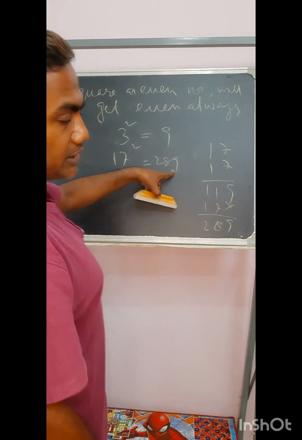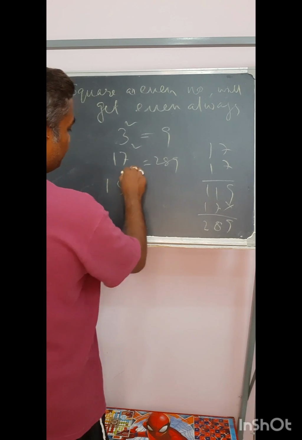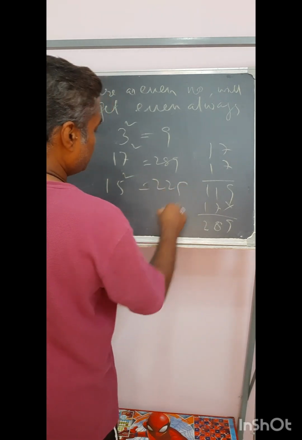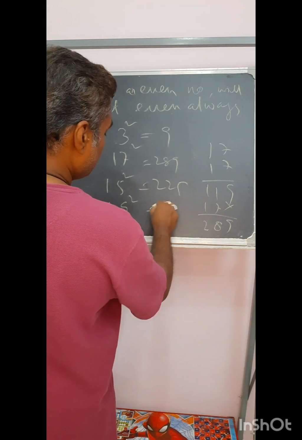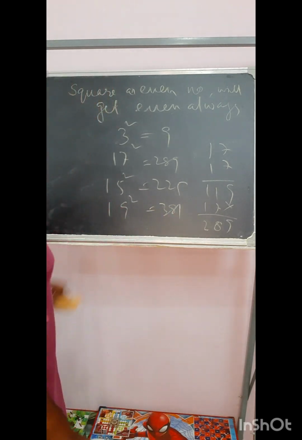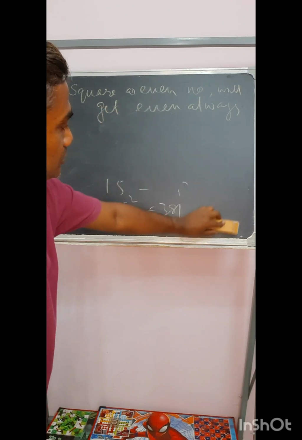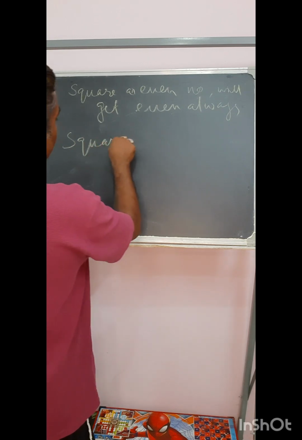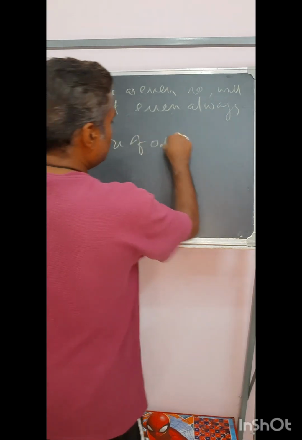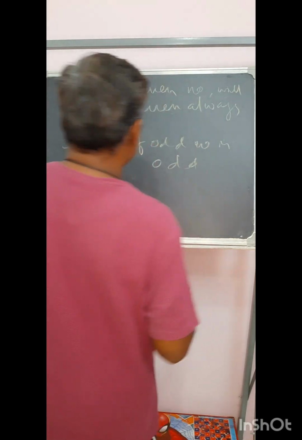So this is again an odd number. Let's try 15 squared, 225, odd number. 19 squared, 361, odd number. So I can conclude the square of an even number is even, and the square of an odd number is odd.